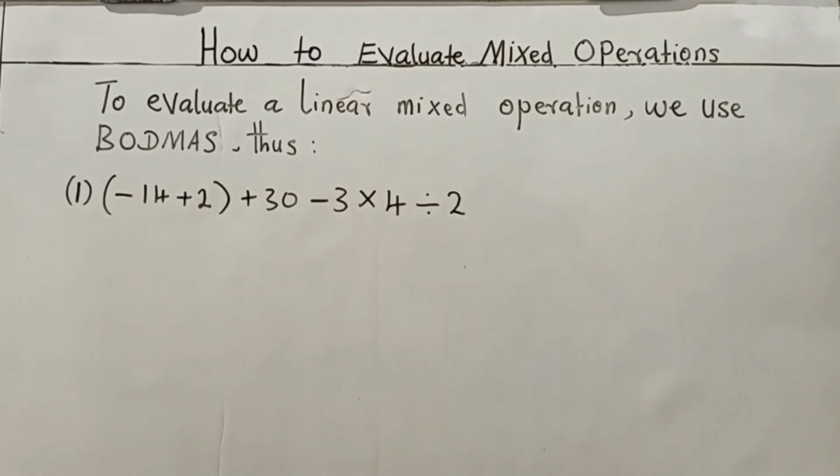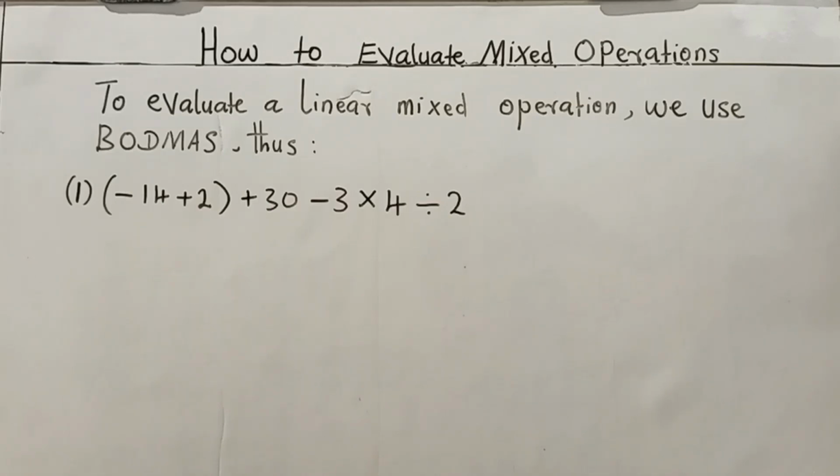In this final section of 14, we are going to learn how to evaluate mixed operations. I've defined this before. It is a type of basic number operation that contains some or all of addition, multiplication, and division.